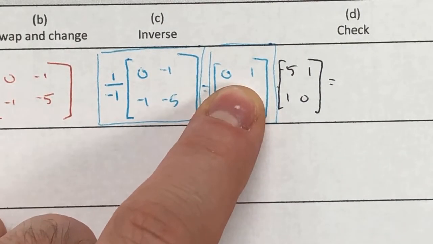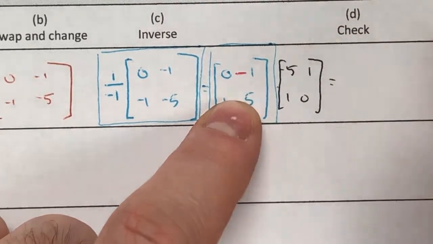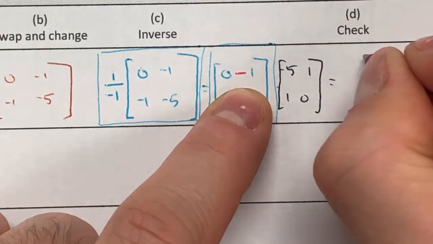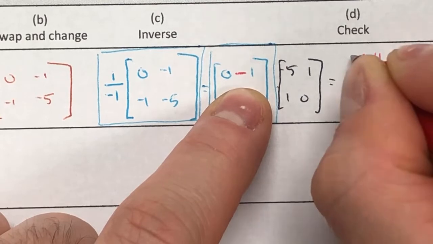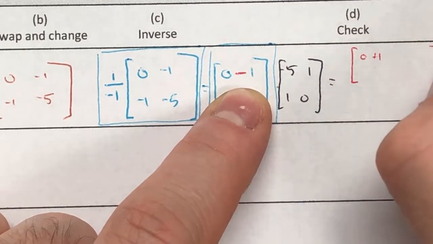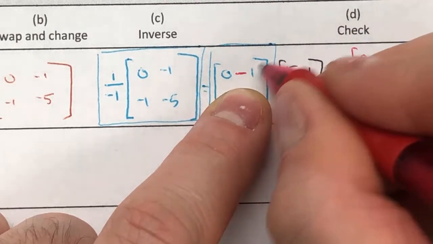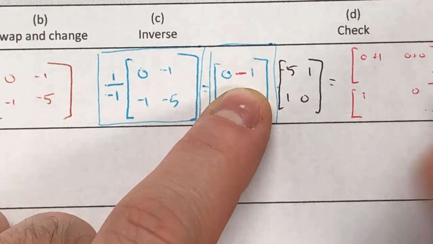So now I'm going to use the dot product. The dot product we've done before. Okay, so that's going to give me a 0 plus 1, which is going to eventually reduce down into a 1. If I do the second column, 0, 0. Awesome.